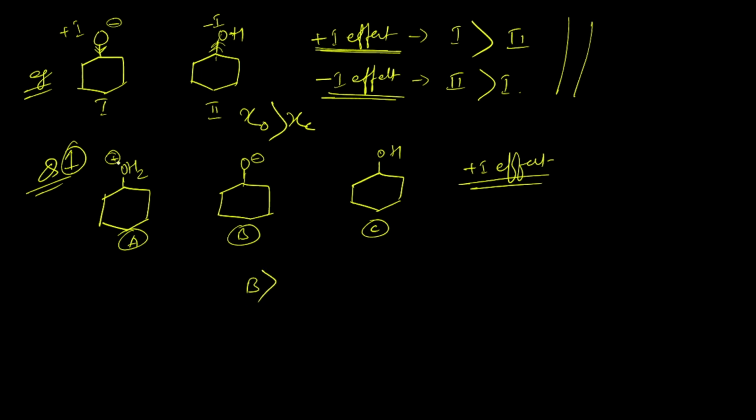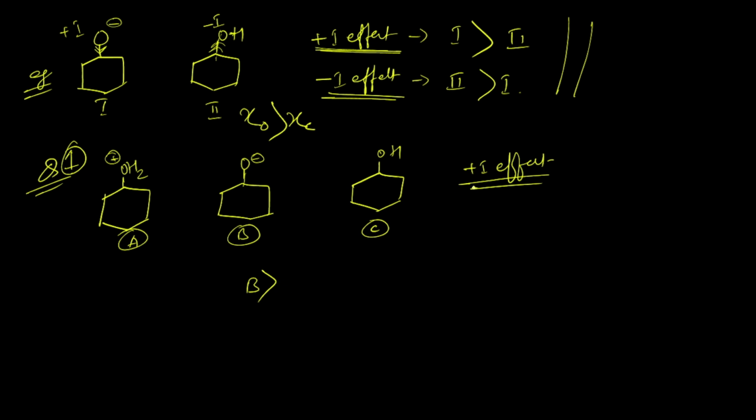Now we have to compare A and C. Here the oxygen has a lone pair, so somewhat it can be donated. We know that oxygen generally does not donate, it withdraws, but the question asks for plus I effect, so we have to answer based on that only. Don't think that it has a minus I effect, and ask why we are writing plus I effect.